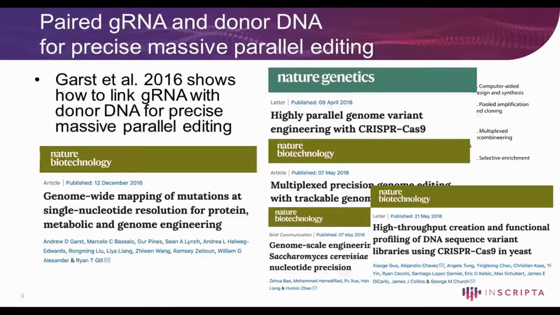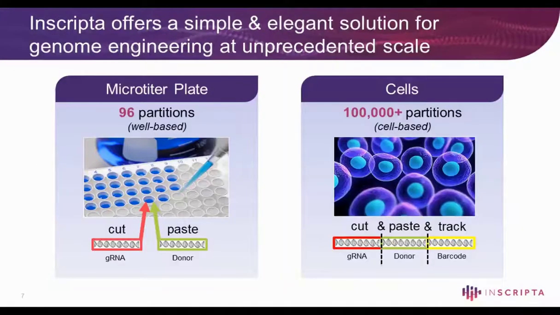This principle makes it possible to multiplex guide and donor pairs and thus increase precise editing by a homology-directed repair mechanism. As you can see, many others have come up with similar ideas from multiplex library generation in approximately 1.5 years later in the spring of 2018, confirming the tremendous impact multiplex CRISPR editing libraries have on the community.